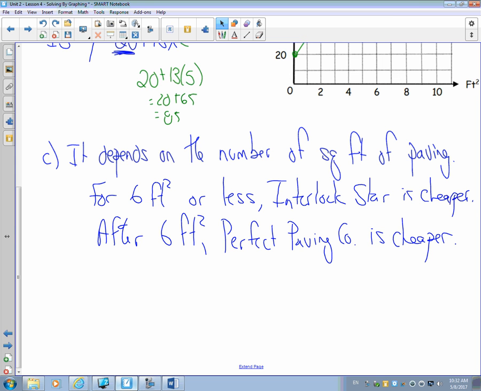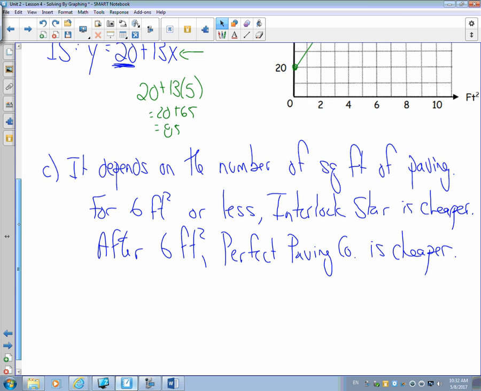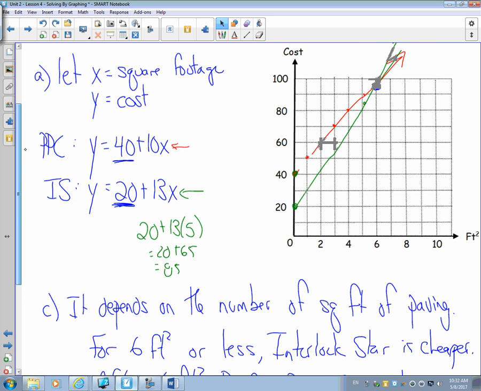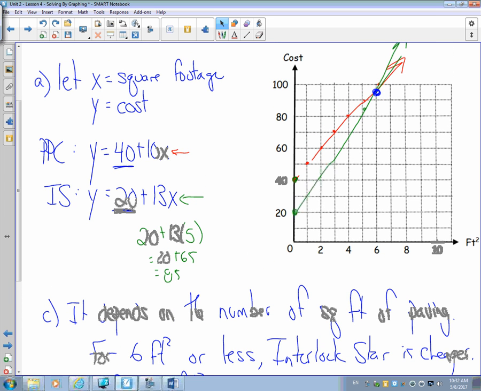Okay. But I'm hoping you also notice that this is the kind of situation where it's getting a little bit hard to tell. The idea of graphing a solution is good as long as they meet in a nice spot. Now, in this word problem here, this supposed nice spot, 6 feet, I don't know how accurate that really is. That dot doesn't fall right on a grid line.